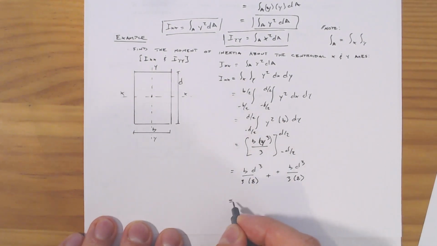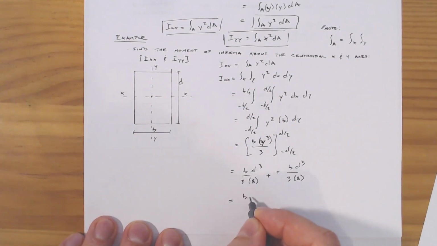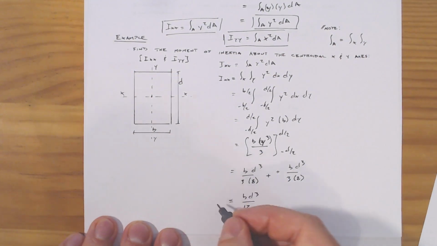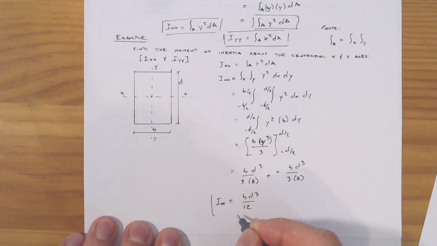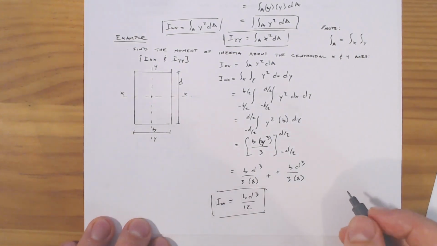If we simplify this all out, we end up with b d cubed over 12. So Ixx is going to equal bd cubed over 12.